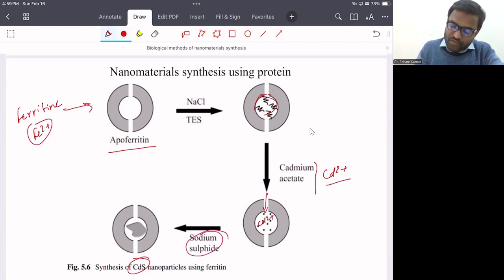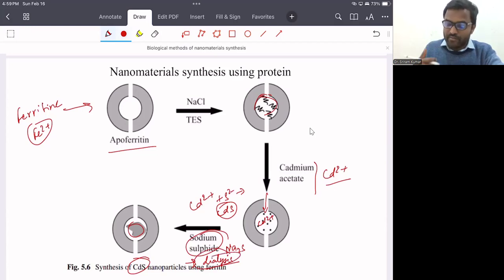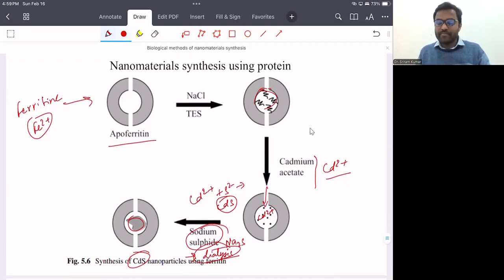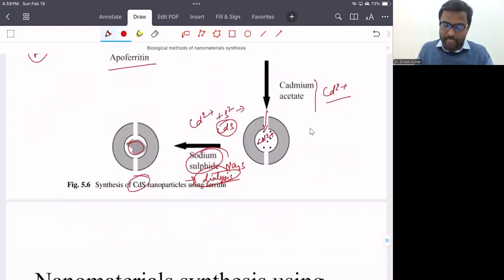And if we add sodium sulfide, what happens? We have cadmium 2+ and sulfide, and that forms cadmium sulfide inside the cavity. This is the synthesis of cadmium sulfide. Then we need to do dialysis, and we get the ferritin modified cadmium sulfide nanoparticle.